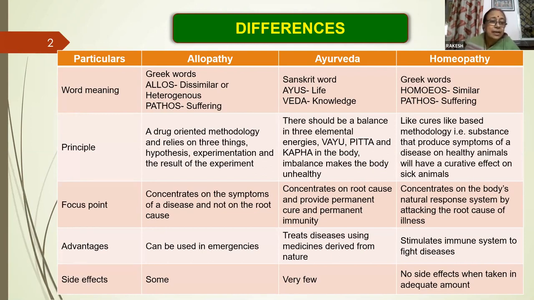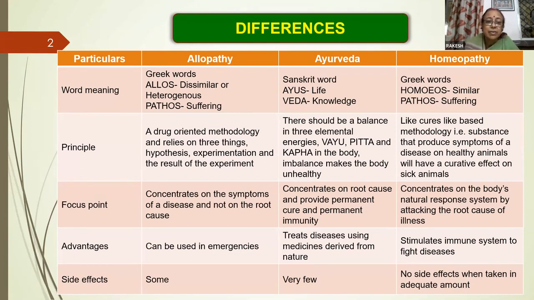The advantage of allopathy is that it can be used in emergencies because the result is quick. If there is an emergency, we should go for allopathy. Ayurveda treats the disease using medicines derived from nature. So in village conditions, where there are plenty of herbal plants, and if we know about the plant, we should go for herbal treatment if the condition is not so severe.